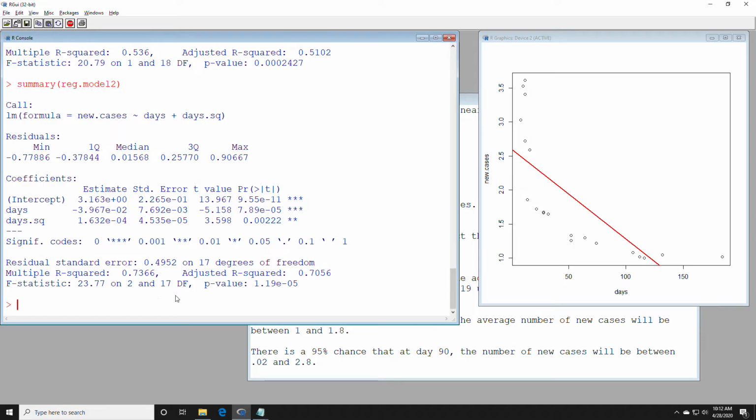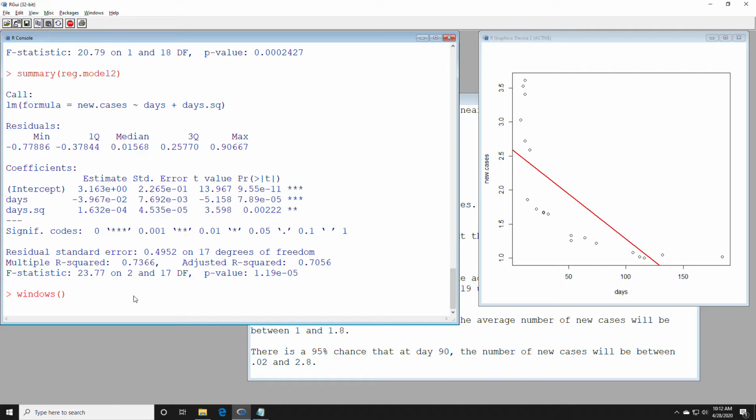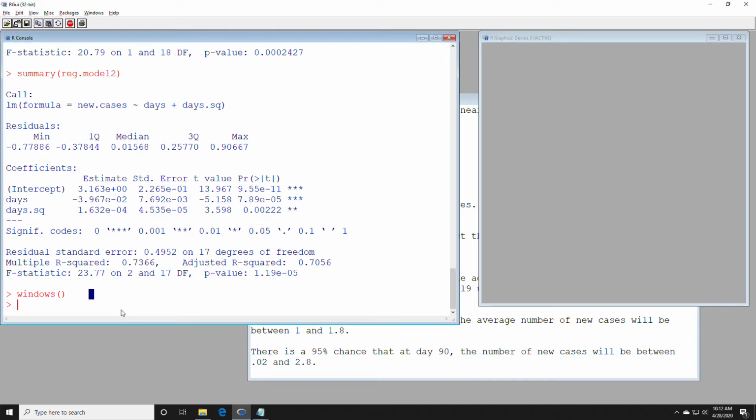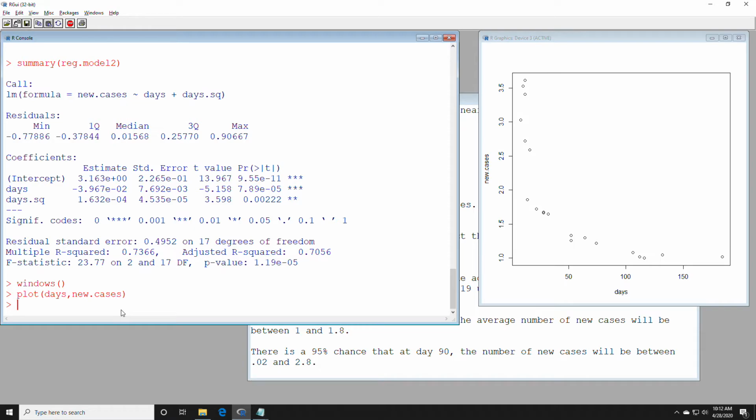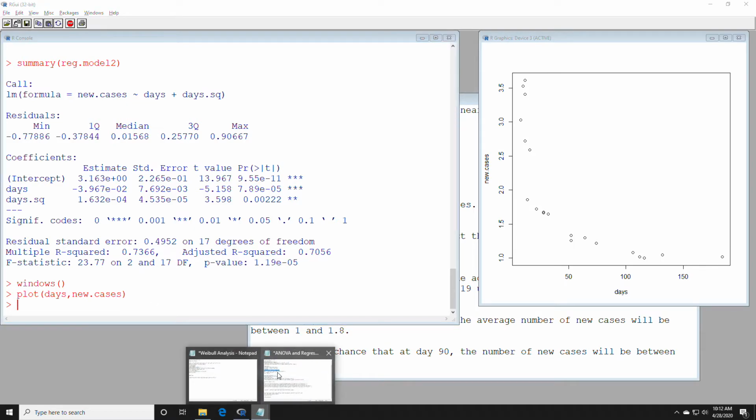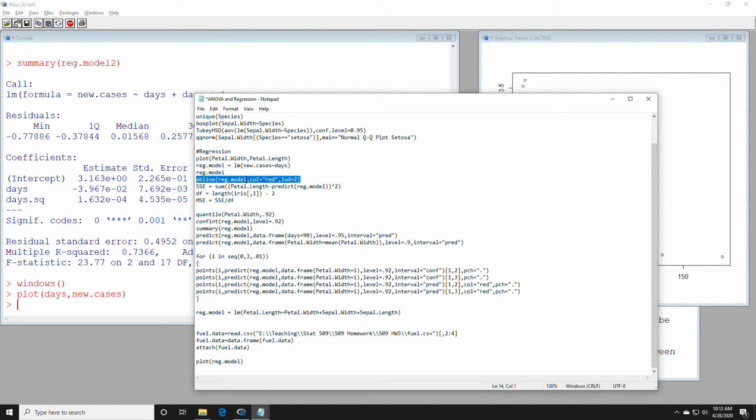And so just to see, I'll do this so we can compare. Plot days and new cases. And now I'm going to do abline. I'll just make sure to put reg.model2.